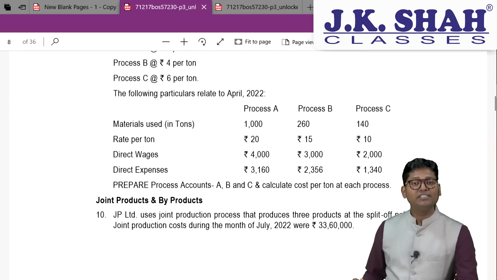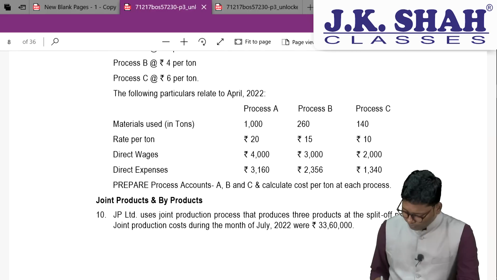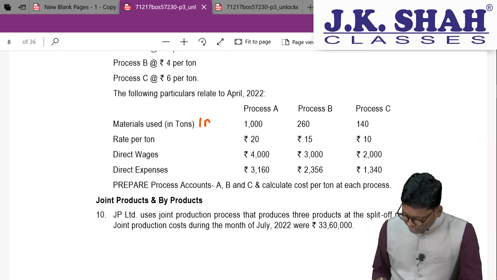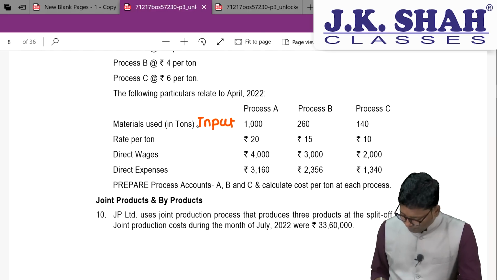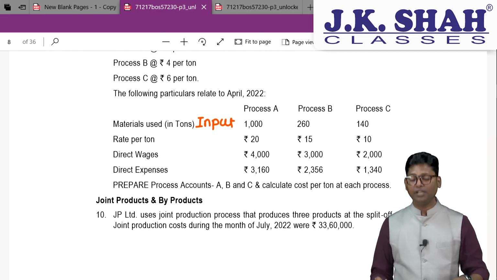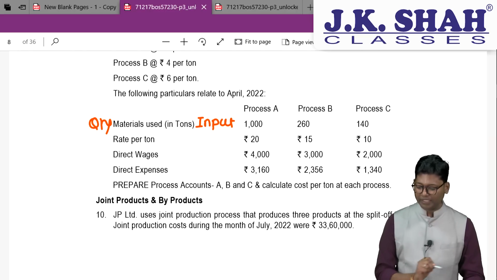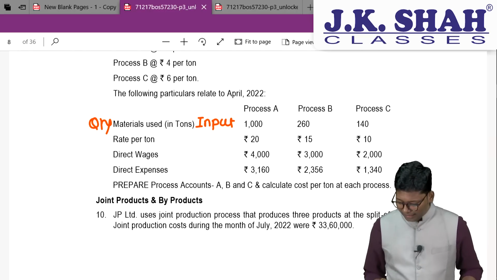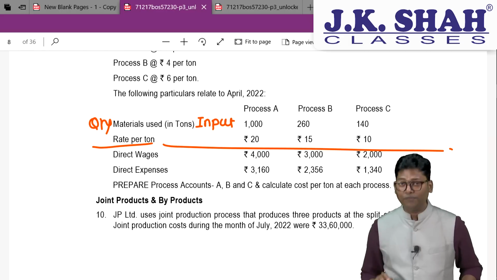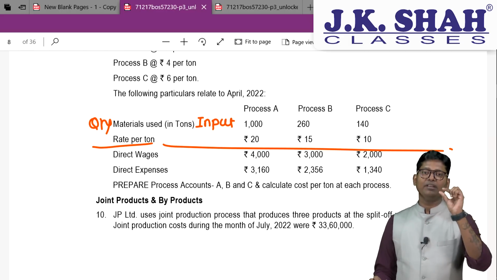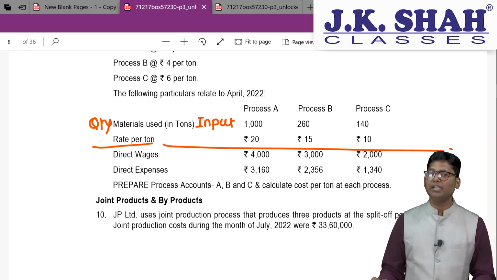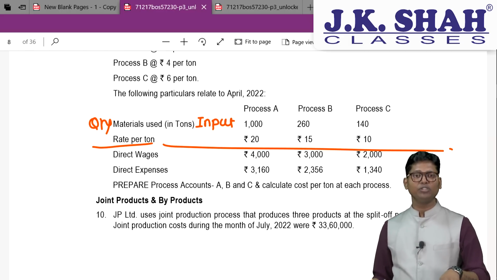Expense related information is given process wise along with material input. The material used in the production process is given in tons. So this is the input quantity of material. Along with that, the rate of material is also available. When you multiply quantity with rate, you are going to get the total material input value for each and every process.